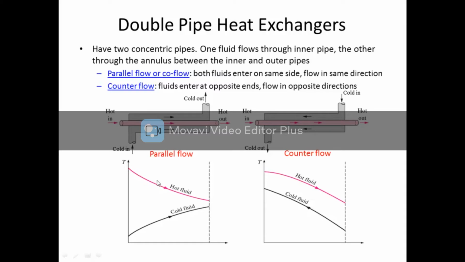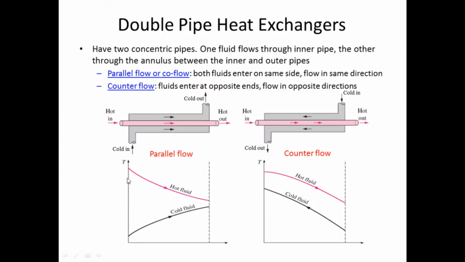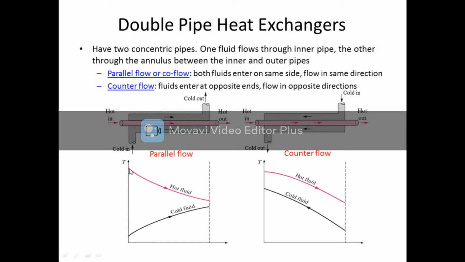If you look at the temperature variation of a heat exchanger with parallel flow, it will be as shown in the diagram here. The temperature of the hot fluid is shown by the pink line and that of the cold fluid by the black line. So the hot fluid enters at the left end.